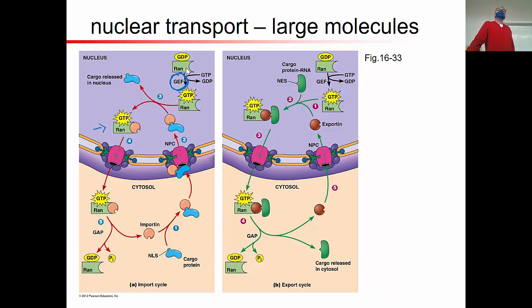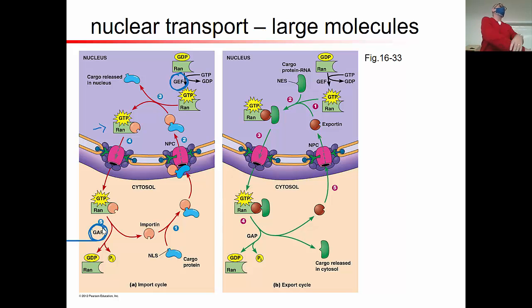So what that means is inside the nucleus, if there is RAN bound to GDP, that GEF is going to kick the GDP out and allow GTP to bind. Okay? So inside the nucleus, RAN is bound to GTP. In the cytosol, we have the GAP. So what that means is GTP will be hydrolyzed to GDP.